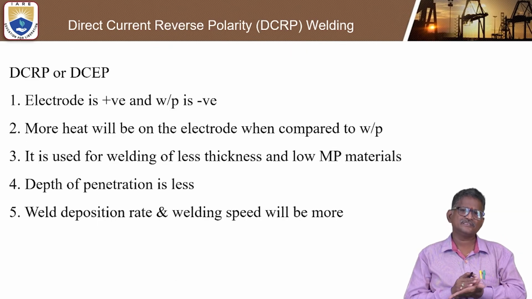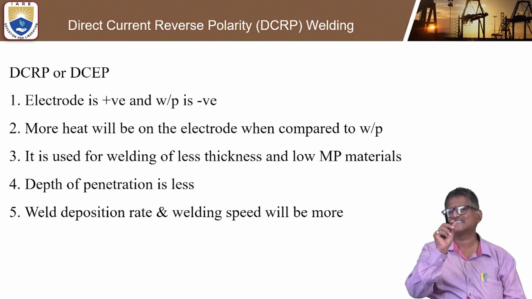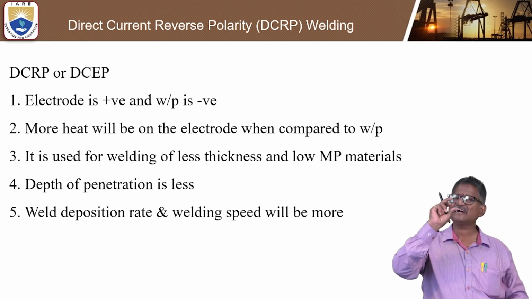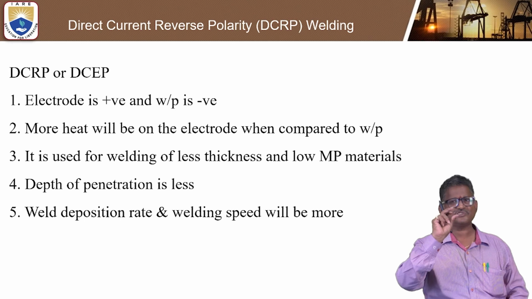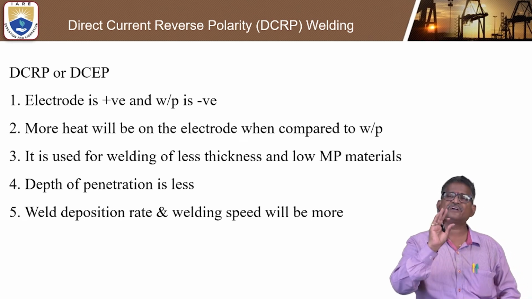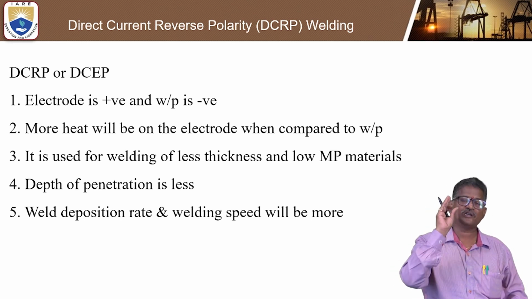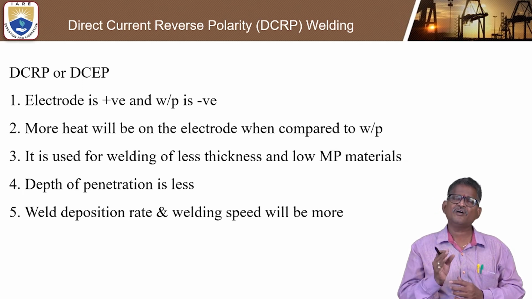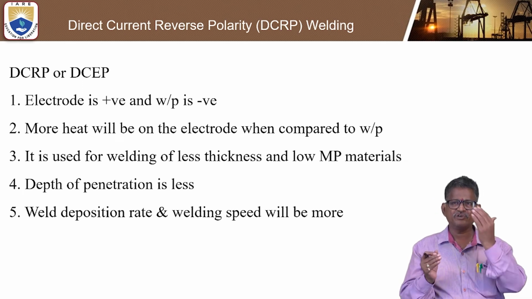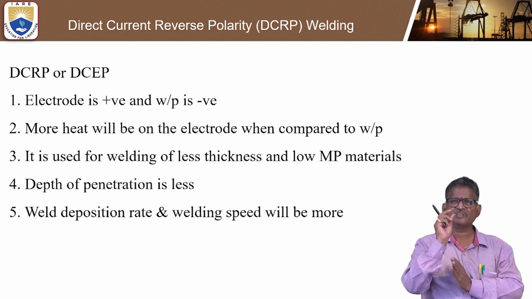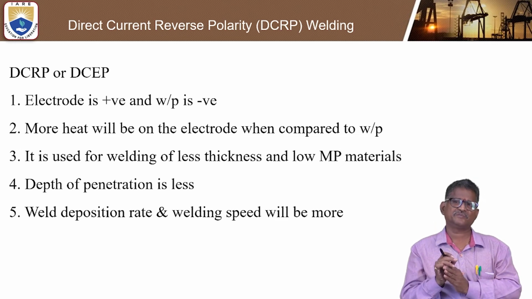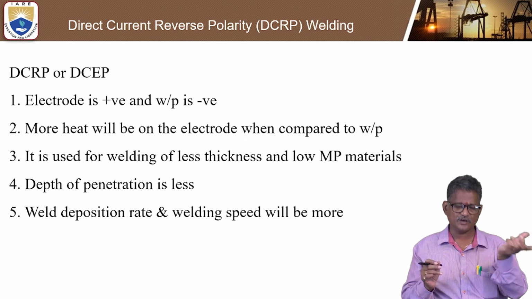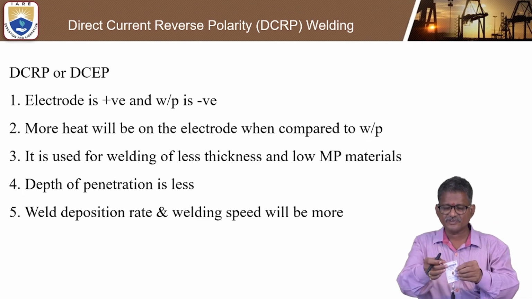But it is also used for welding less thickness. With DCSP, very high thickness or large thickness material can be preferred, and high melting point materials also can be used. But in the case of DCRP or electrode positive, you can perform welding on very low melting point materials and less thickness, where the thickness should be very nominal.